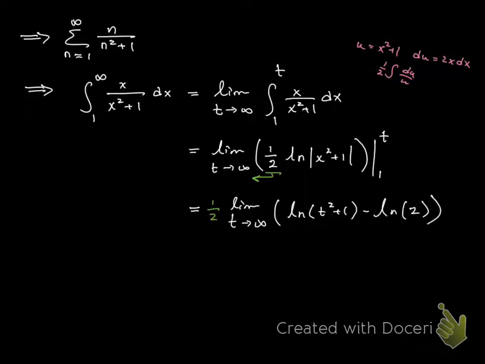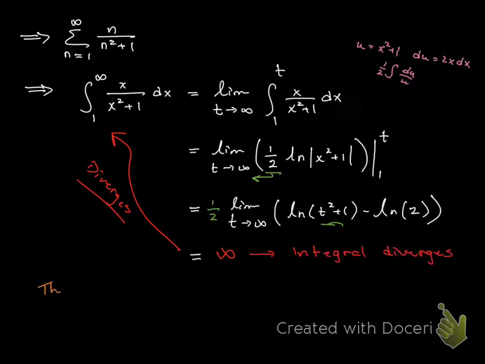And as t goes to infinity, I'm taking the natural log of larger and larger numbers with t squared plus 1. The argument is getting bigger, the natural log is getting bigger. Subtracting natural log of 2 has little to no effect, and the 1/2 out front doesn't either. When something is going off to infinity, this limit is infinite. What I can say then is that the integral diverges, which means in turn the series diverges.